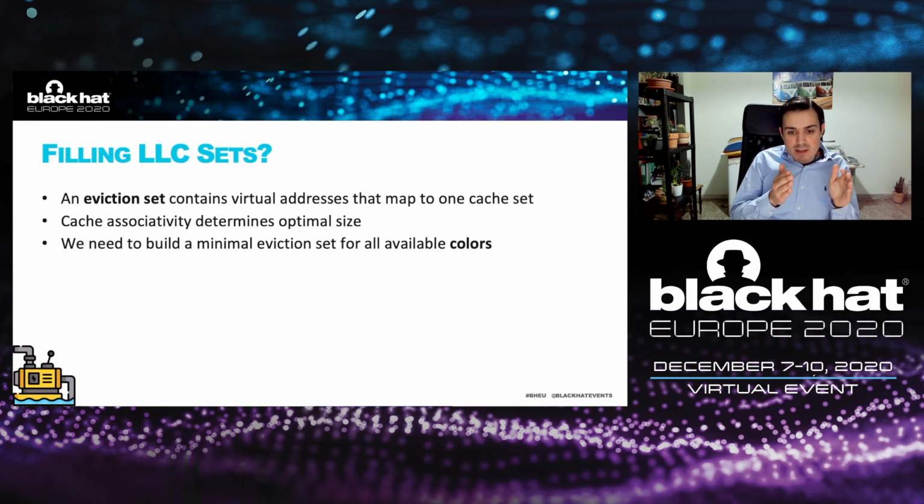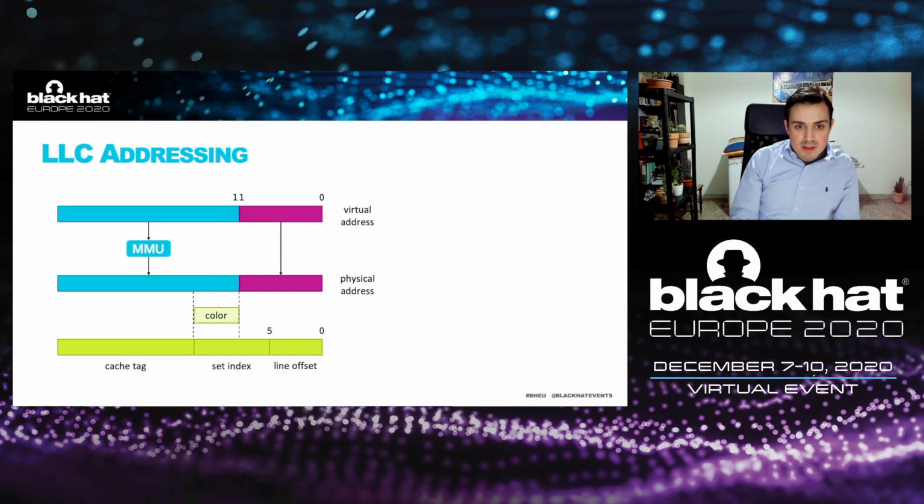For a 16-way associative cache, you need 16 addresses to fill that set, and for this attack you also need to build a minimal, optimal eviction set for all the available slices. The slice is determined by some bits of the physical address that normally you don't control, unless you're on native hardware with huge pages. But those bits are part of the set index that will tell you in which cache set you end up for this cache line.